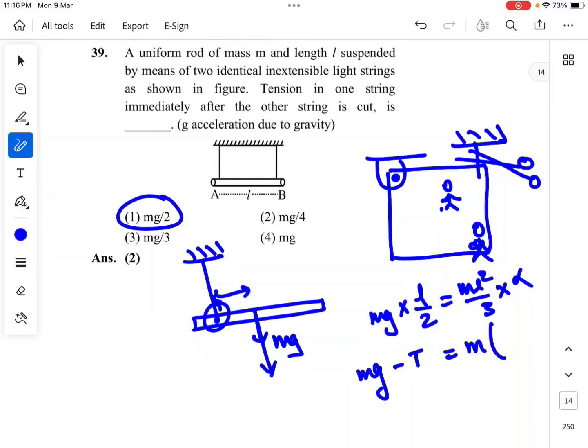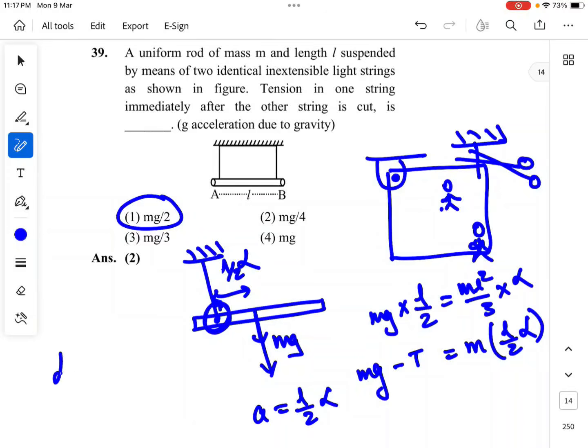Acceleration of center of mass is what? L by 2 alpha, because of tangential acceleration, assuming this is the point about which it is in pure rotation. A is equal to L by 2 alpha. So solving these, you should get your answer.